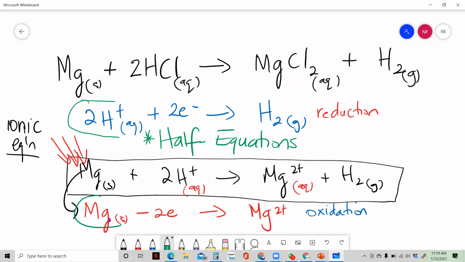Where we show magnesium losing the two electrons to form magnesium ion, that's one half of this equation. And when we show hydrogen gaining electrons to form hydrogen gas, that is the other half of the equation. So keep this in mind because it comes up in electrolysis as well when they speak of half equations.